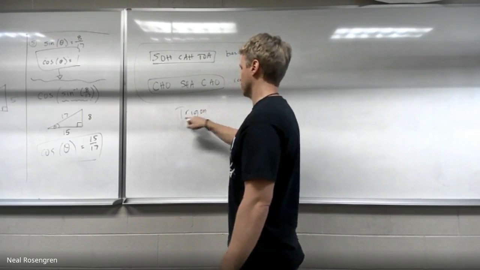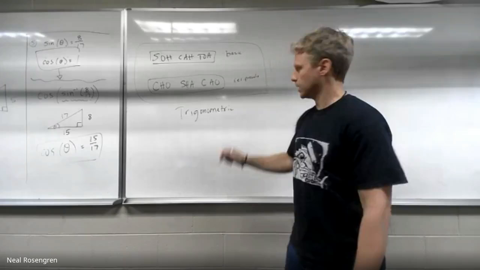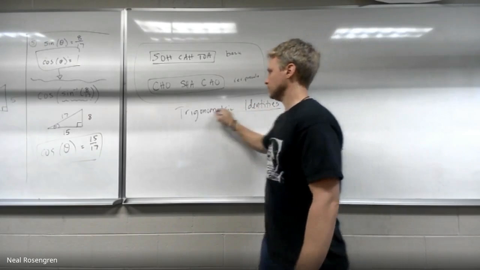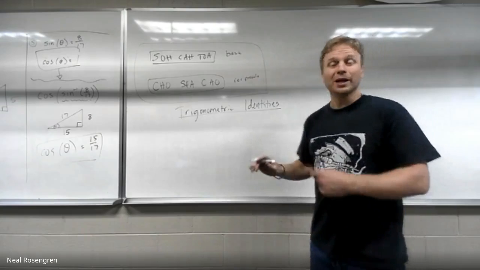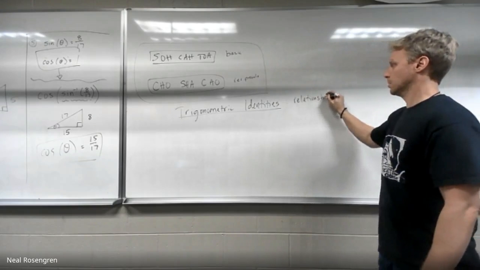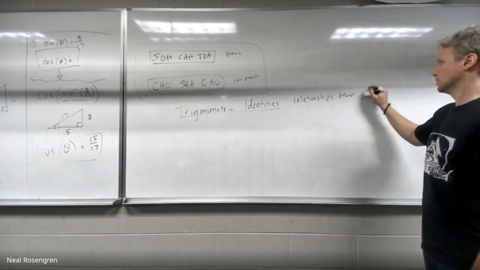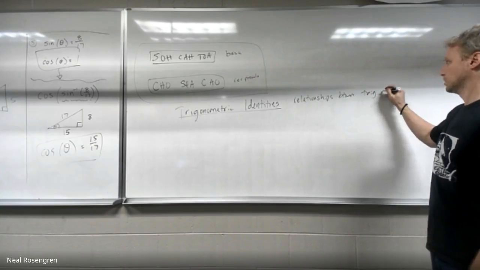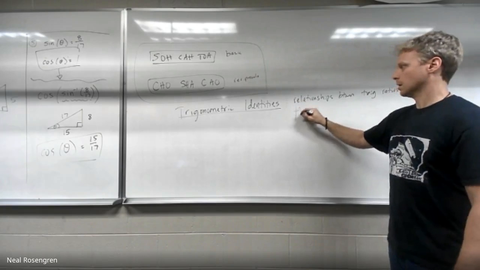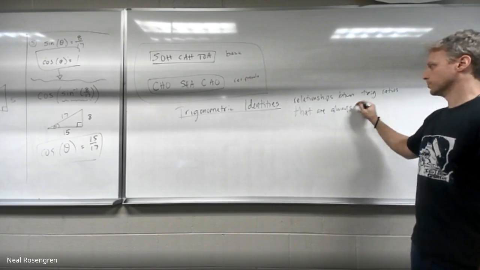And we call those trigonometric, or just trig, identities. Trigonometric identities are relationships between trig ratios that are always true.